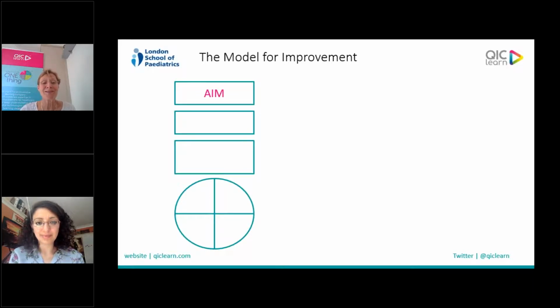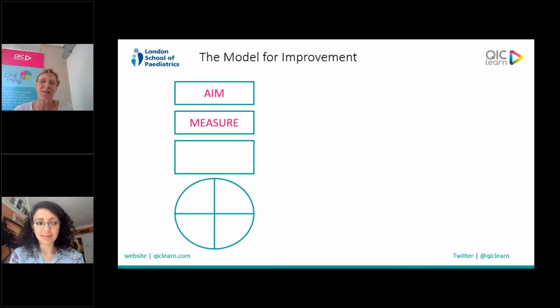So the second box, I'm going to just go through these because I suspect that many people don't know them. The second box is actually about measure, and that answers the question, how do we know we've achieved our aim?